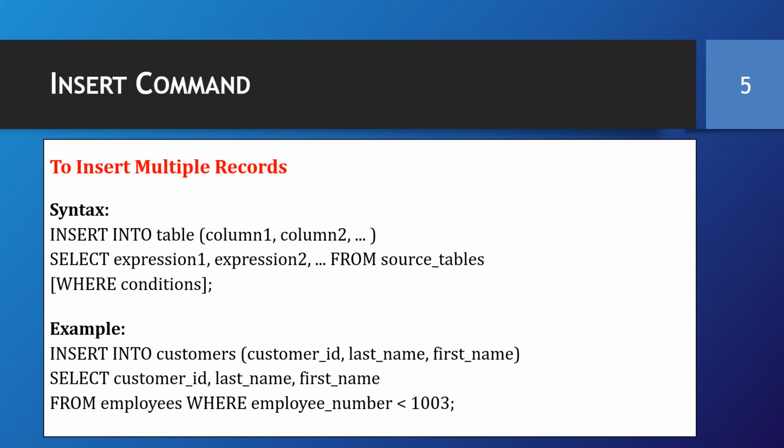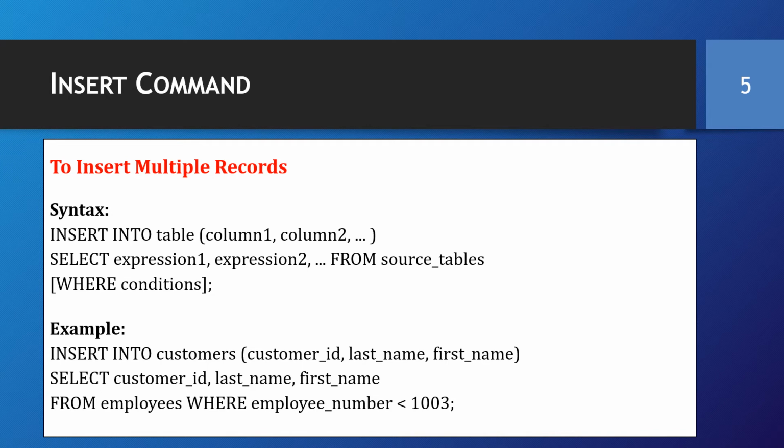So we already have a table called employees with attributes customer ID, last name, first name, etc. And we are selecting some records from that table whose employee number is less than 1003. We are selecting 3 attributes, customer ID, last name, first name, from employees whose employee number is less than 1003.